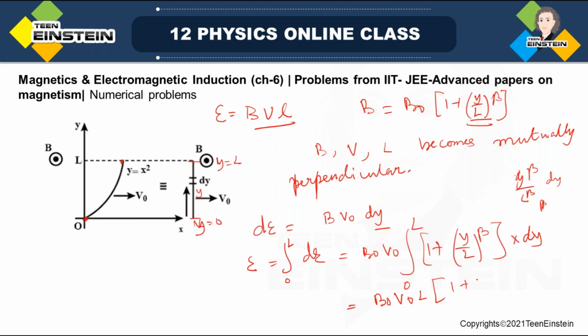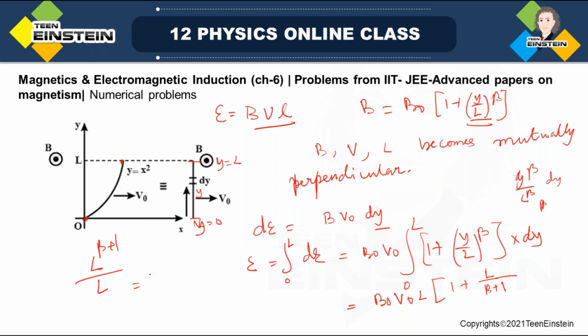So 1 plus beta plus 1 here, and here it will be y to the power beta plus 1, and that limit is L to the power beta plus 1, right? So that beta we have already taken out. So it was like this, L to the power beta plus 1 divided by L.